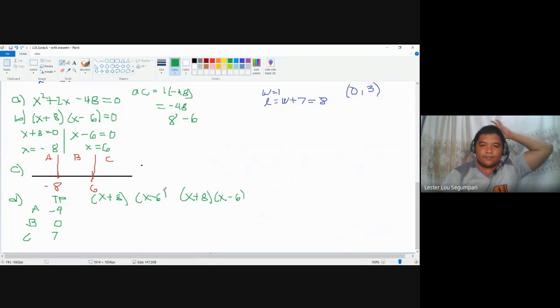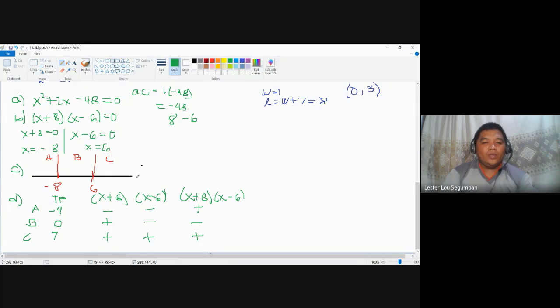Okay, for -9, x plus 8 becomes negative. 0 is positive, 7 is also positive. -9 minus 6 is negative, 0 minus 6 is negative, 7 minus 6 is positive. The product: positive, negative, positive.